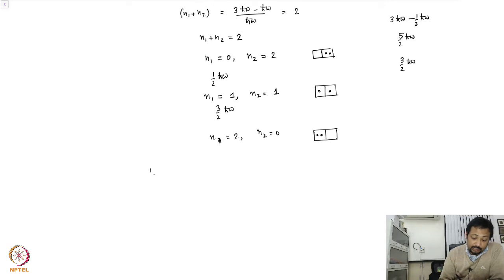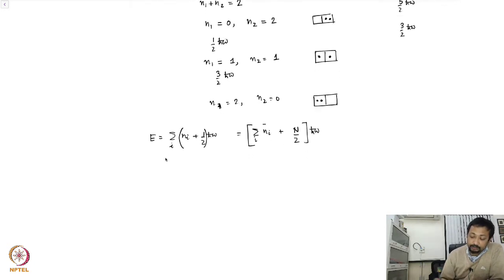So going back to the general case where I had E is equal to the sum over i of (n_i plus half) h bar omega, which gives me the sum over i of n_i plus n by 2 times h bar omega, so that E over h bar omega minus n by 2 is going to be the sum over i of n_i, and clearly this sum over the occupation numbers is going to be m, an integer.